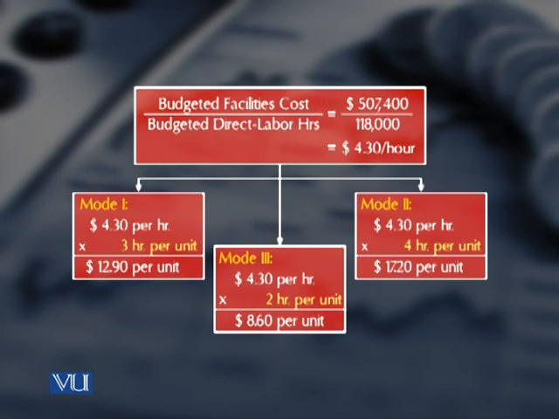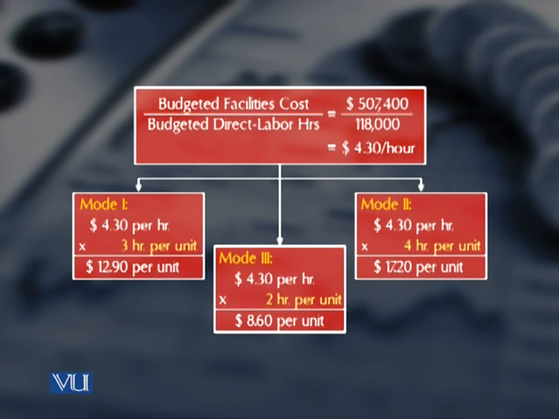Now the question is how these 118,000 hours come about. You produce 10,000 units for Model 1, then Model 2, Model 3. What you do is multiply the number of units by the direct labor hours required. So the total comes to 118,000 hours. Now how much cost is going to be absorbed in Models 1, 2 and 3?